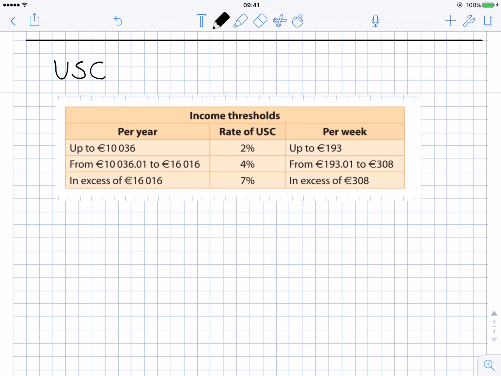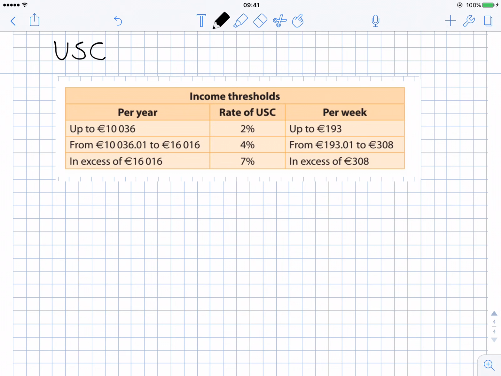So let's do an example of that. In this example, I'm not going to be calculating income tax. I'm just going to be calculating the universal social charge. So we'll use this table here as well. So we have a woman who earns €57,000 every year. So that's her annual salary.